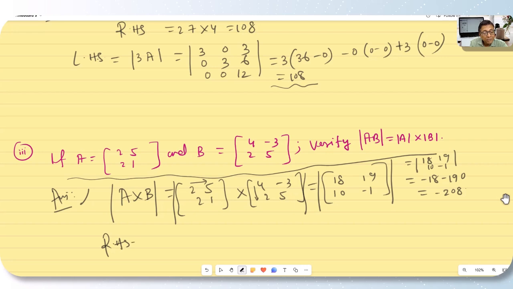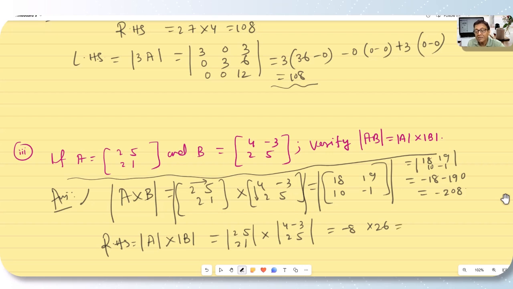RHS is what? It is determinant A into determinant B. This is nothing but 2, 5, 2, 1 multiplied by 4 minus 3, 2, 5. So 2 minus 10 is minus 8, and 4 into 5, 20, plus 6, 26.